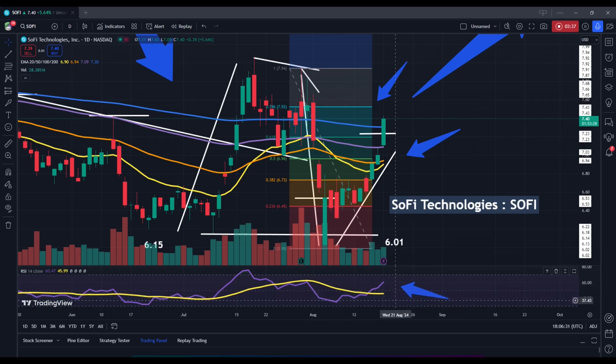The only real problem is that the RSI is starting to deviate away from its exponential moving average, which is the distance between the purple line and the yellow line. In addition, we're rapidly ascending here. And the real question is going to be whether or not we start to reach overbought territory relatively soon.